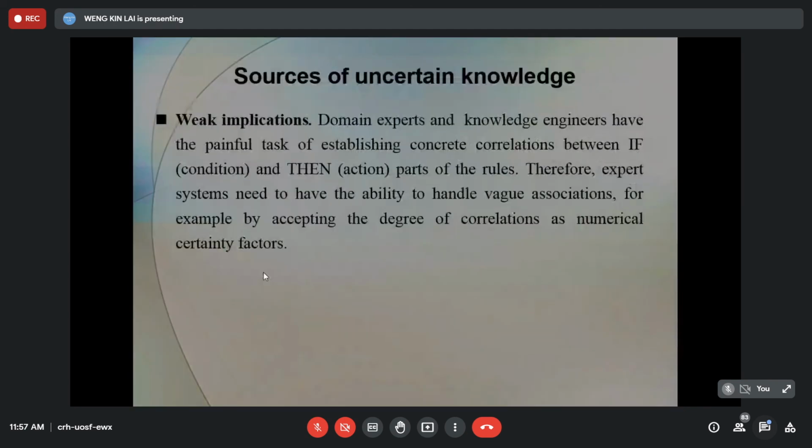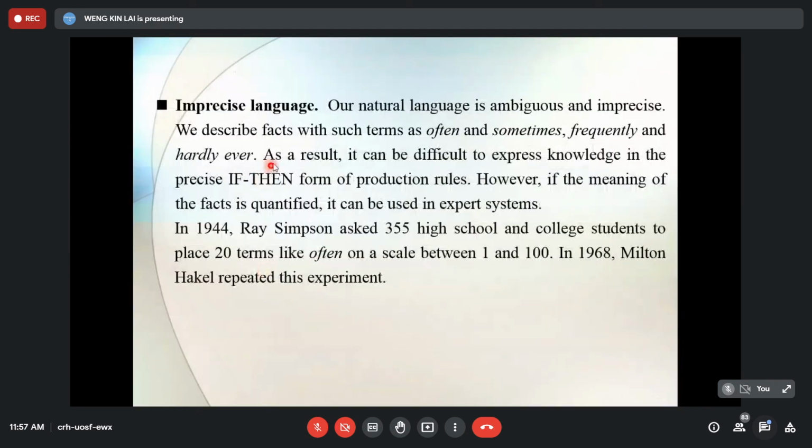So this is one part. Our second source is imprecise language, the language that we use itself. Our natural language, whether it is Chinese or English or Malay, can sometimes be ambiguous and imprecise. We describe facts with such terms as often and sometimes, frequently and hardly ever.